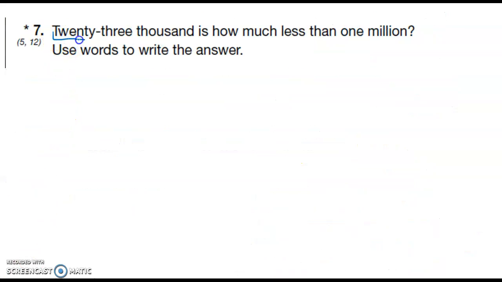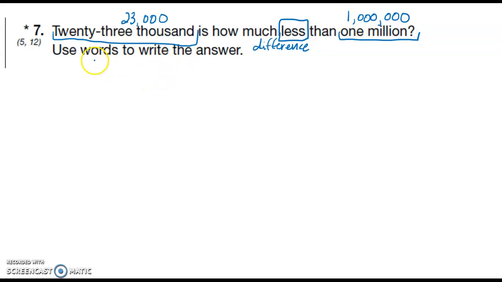Number 7, 23,000, which looks like this, is how much less, so we're going to want the difference, the answer to a subtraction problem, 1 million, which looks like this. So let's write, and it says use words. So first we're going to use numbers, and then we'll figure the words out in a minute. 1 million minus 23,000.